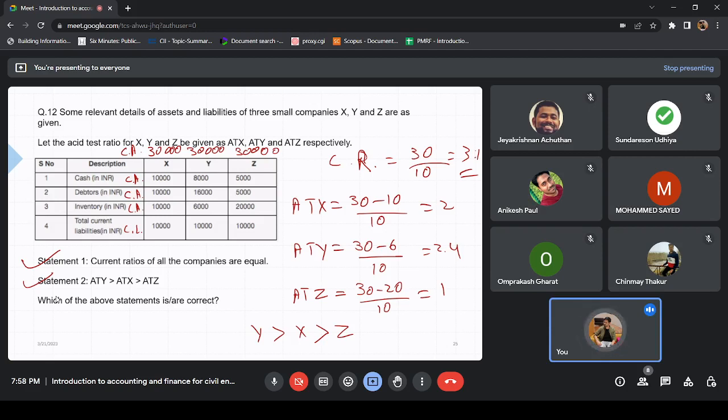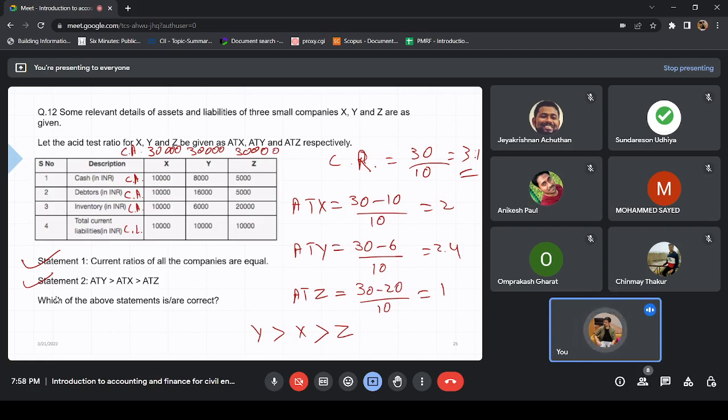So the aggressive ones are supposed to get a lower score on the acid test, but these are the ones who have more chance of making more profit, right? With 20,000 in inventory, he can sell it.